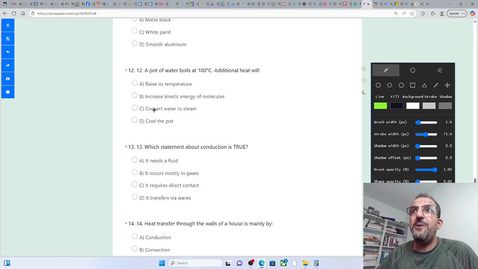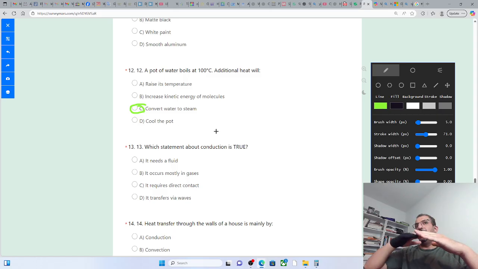Raise its temperature, increase kinetic energy of the molecules, convert water to steam, or cool the pot. What do you think, guys? Cool the pot is impossible. Increase kinetic energy of the molecules means increasing temperature, so that's wrong. Raise its temperature is also wrong. So you can see that the right answer is convert water to steam. Okay.